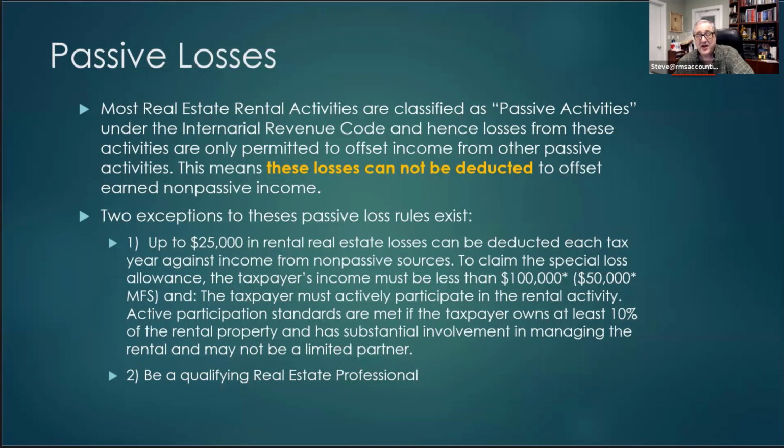Between $100,000 and $150,000, that $25,000 phases out. And when I have $150,000 in total income, all my passive losses have to be suspended, and they get carried forward until I have passive income.